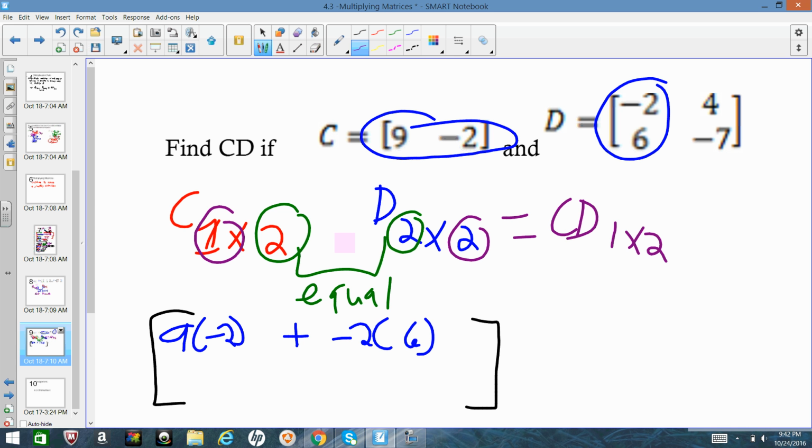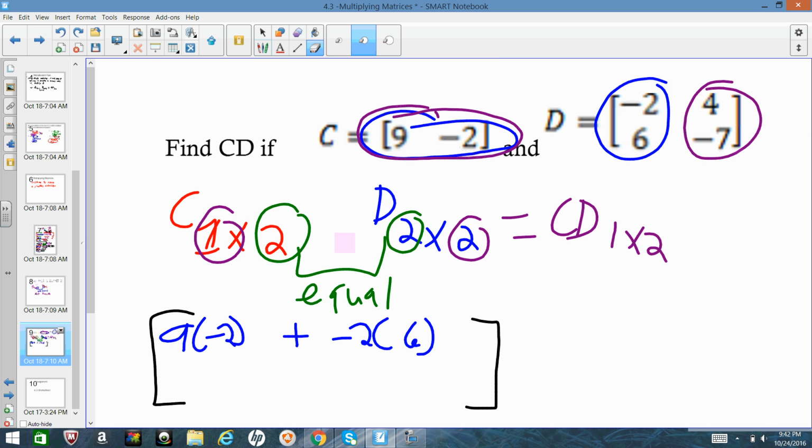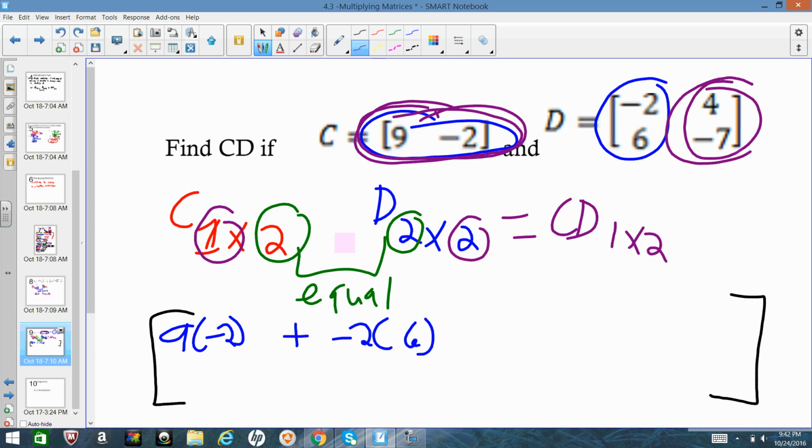And for my bottom, I'm going to have the one row of C times the right column of D. So I'm going to need to make these brackets a little bit bigger. So I'm going to find my eraser. Again, it's a 1 by 2. So I'm taking this by this. So it'd be 9 times 4 plus negative 2 times negative 7.